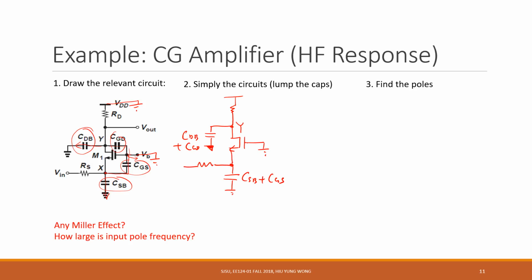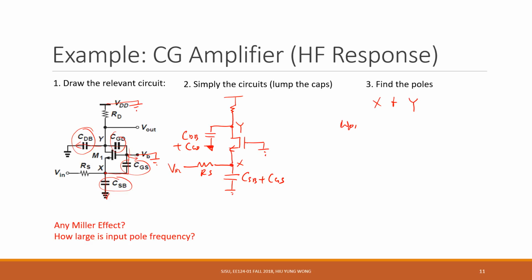And then I have a resistor here, V in and Rs, right? So very simple. And how many nodes do I have? I have 2 nodes, X and Y, right? So what is the pole at X?